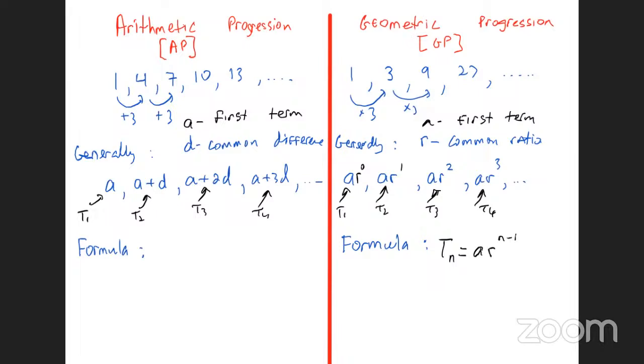What do you think the formula will be for an AP? Very good, Isaiah. One person figured it out. You get it? Think about it. Megan, what did Megan say there?